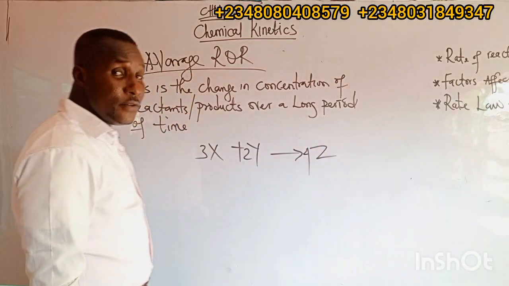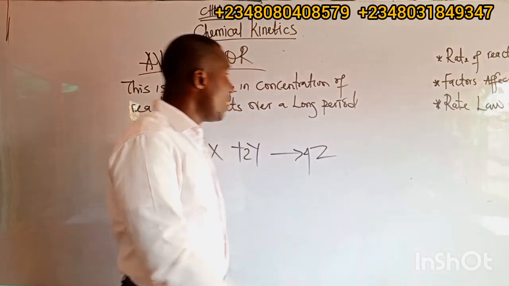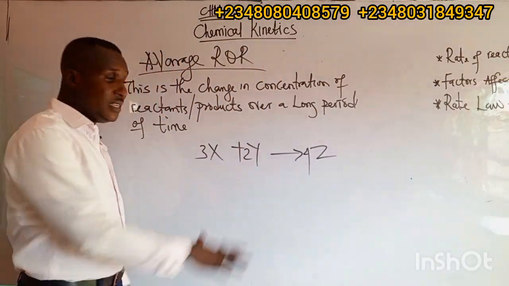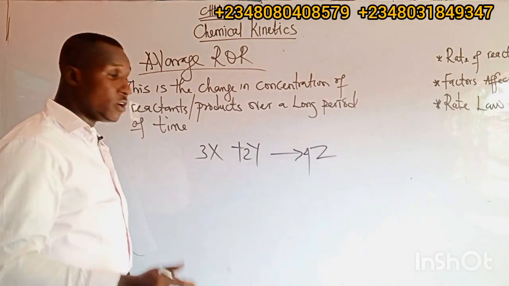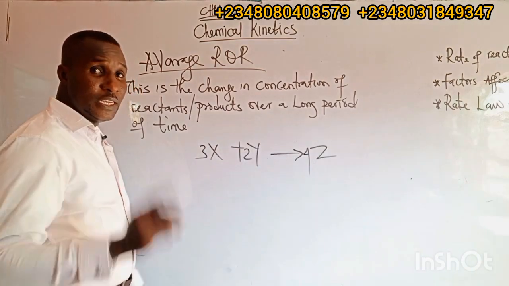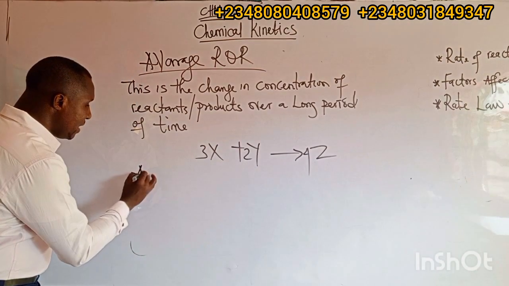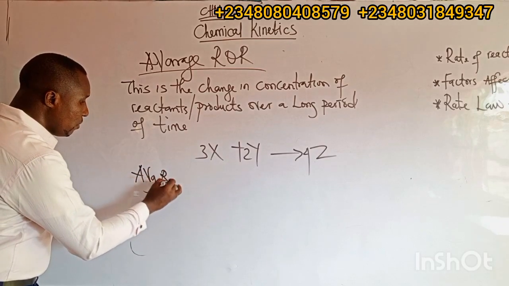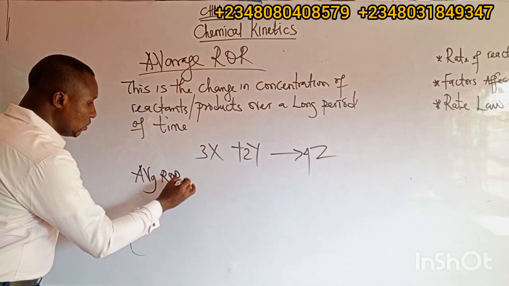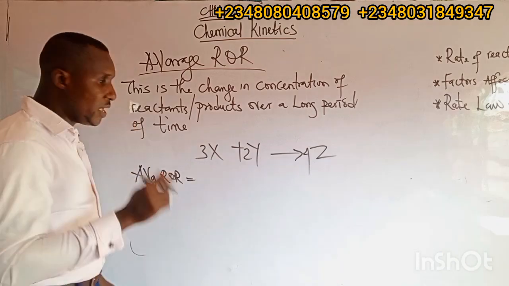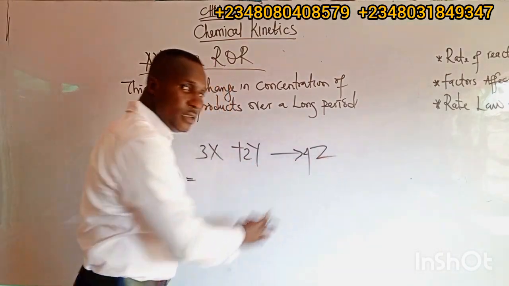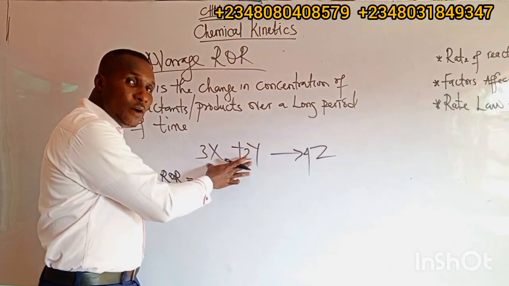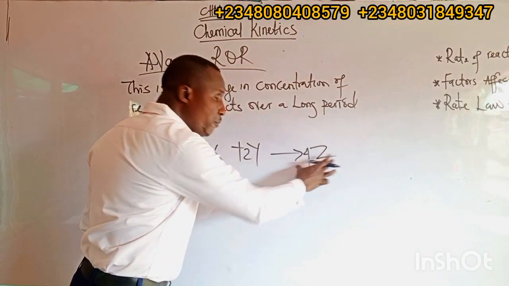If you were asked to express this in terms of average rate of reaction, the average rate of reaction for this is given as... don't forget, these are reactants, this is a product.